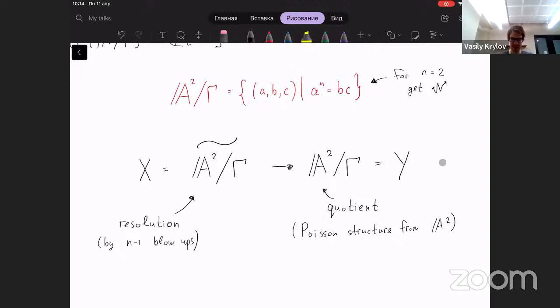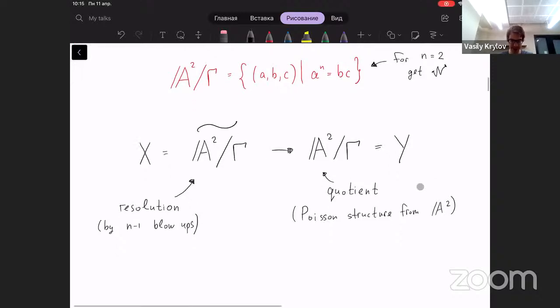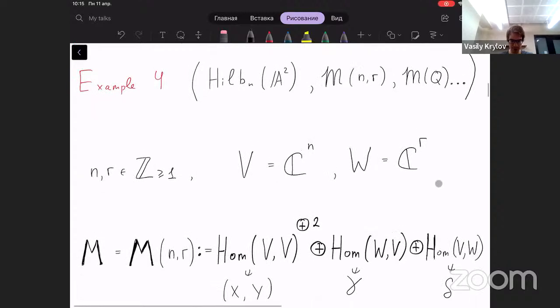Yes, any questions about this example? Okay, great. And let's now discuss example number 4, which will actually be the most important for us from the first point of view. And from the second point of view, it will contain all the previous examples as particular cases.